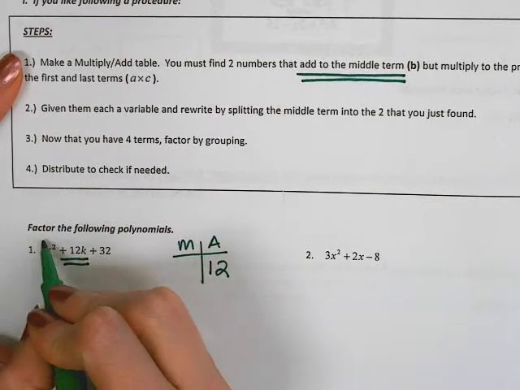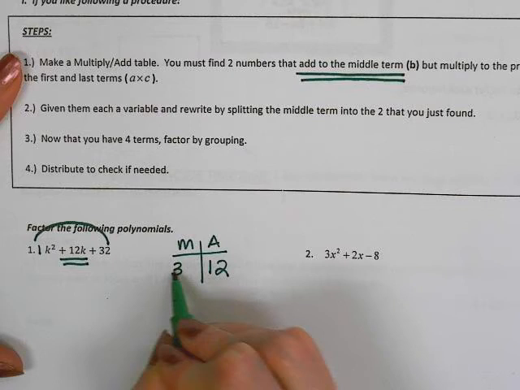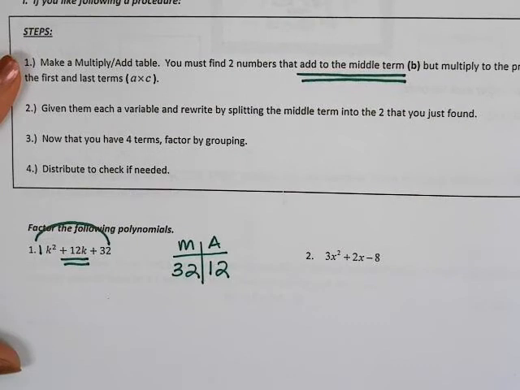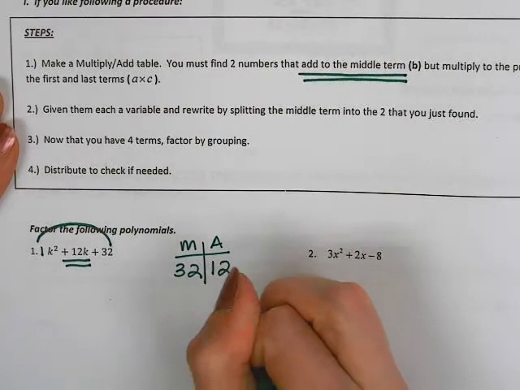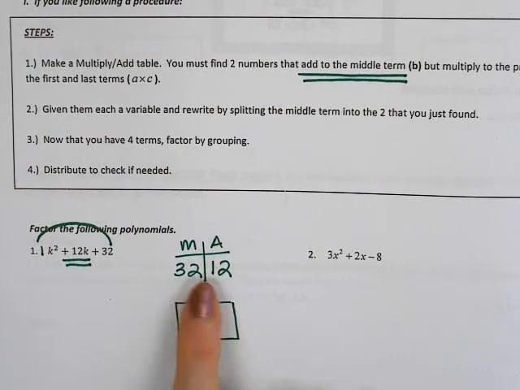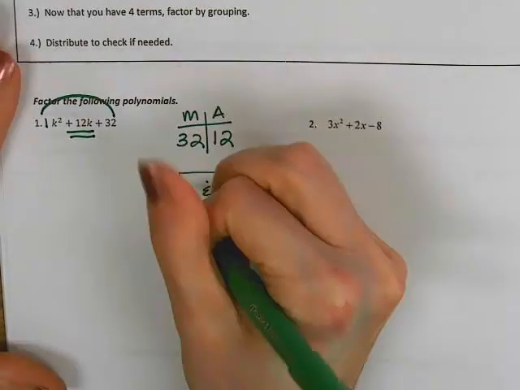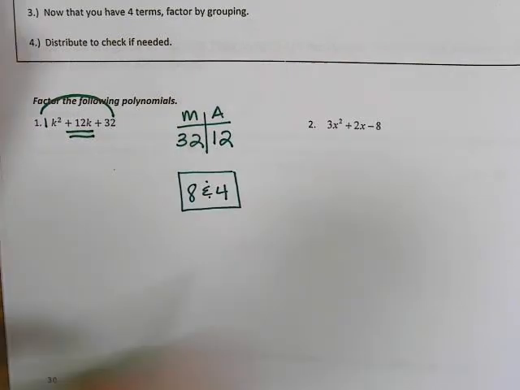So you're going to multiply 1 times 32, and that's 32. What are two numbers that multiply to 32 but add to 12? However you want to do it, you end up getting 8 and 4.